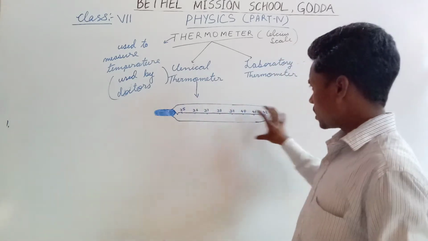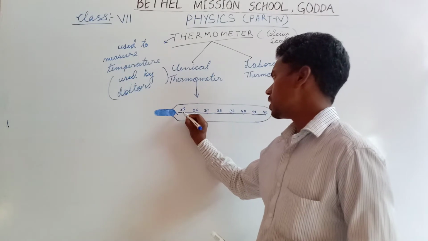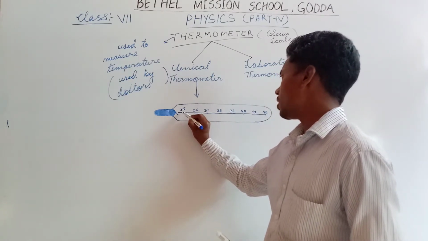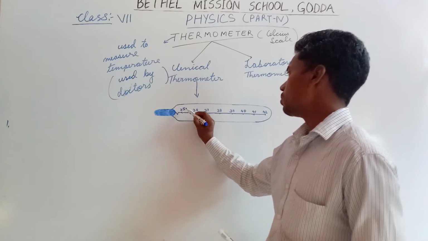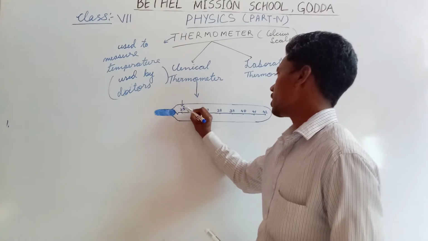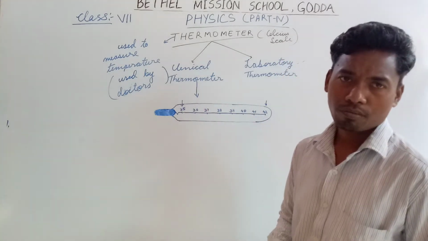Let's see this diagram. You see that the graduation, this marking of this thermometer, starts from 35 degree centigrade to 42 degree centigrade.